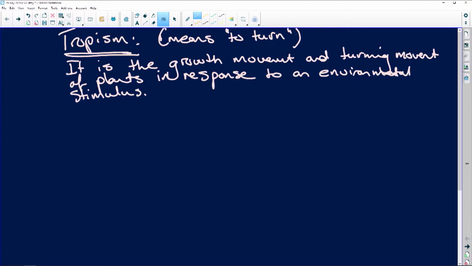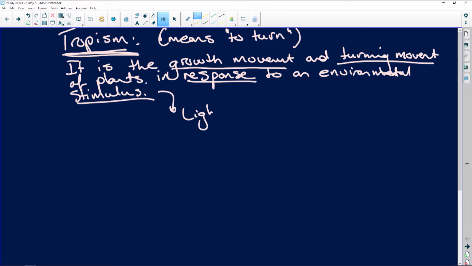You could also say it is the growing or turning movement of a plant in response to an external stimulus. Remember, internal is very different to external. These will all be external stimuli. So that's your tropism. Now, that stimulus, if it is light, then it's called phototropism.